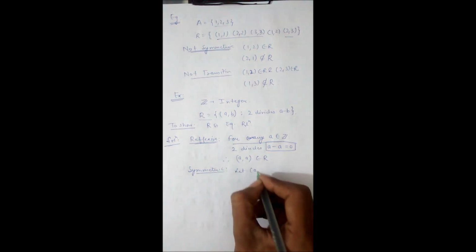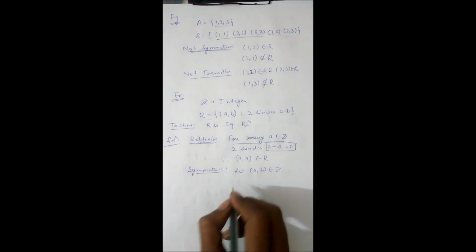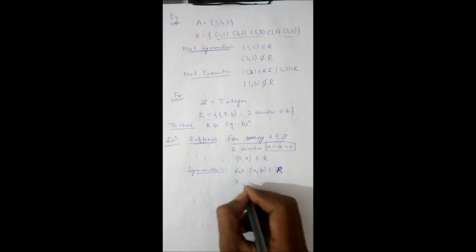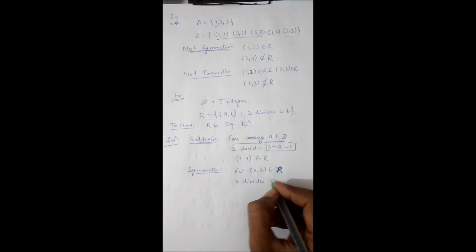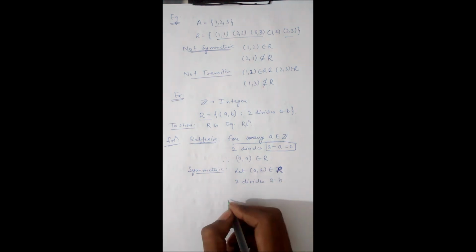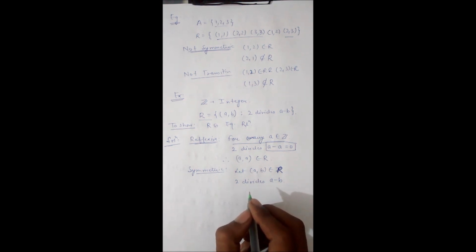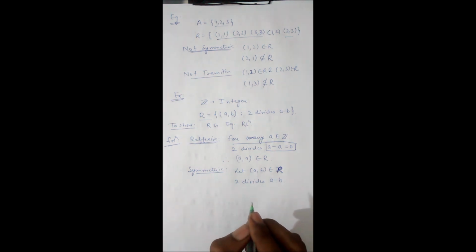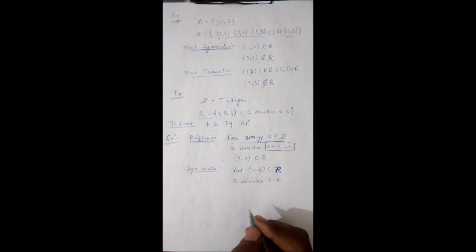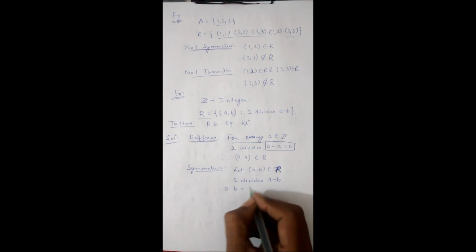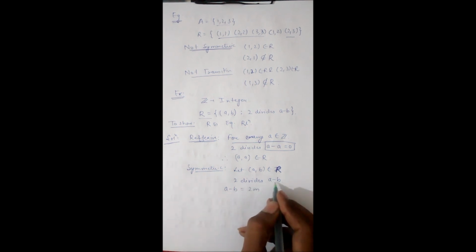Let (a,b) belong to the set of integers and to this relation R, and the condition to be in R is that 2 divides a minus b. Clear? So we only need to see whether 2 divides the difference of two numbers or not. We don't need to bother about negativity or positivity. So we can directly say that a minus b equals 2m, because 2 divides a minus b.